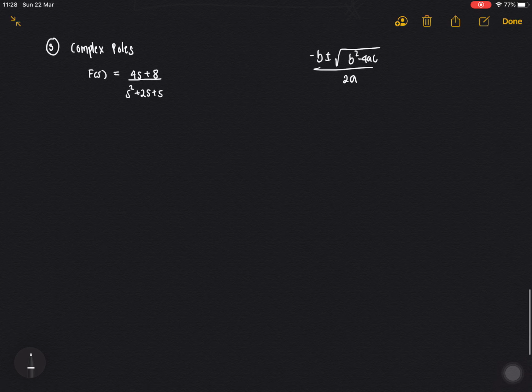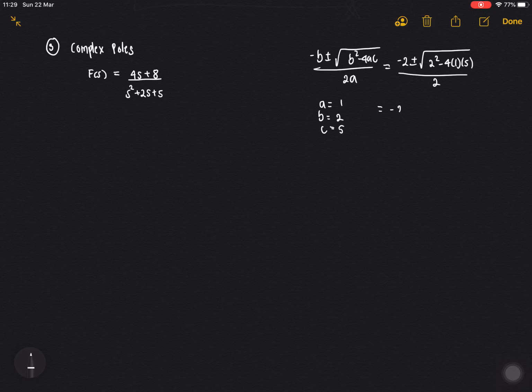To find the roots of s squared plus 2s plus 5, we have a equal to 1, b equal to 2, and c equal to 5. Therefore you plug it in: minus 2 plus or minus the square root of 2 squared minus 4 multiplied by 1 multiplied by 5, divided by 2 multiplied by 1, which becomes 2.